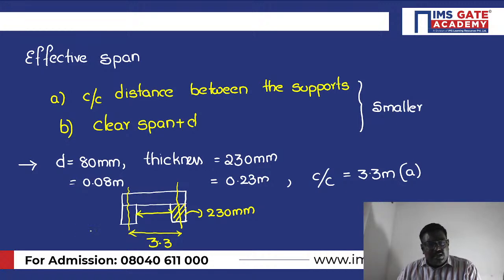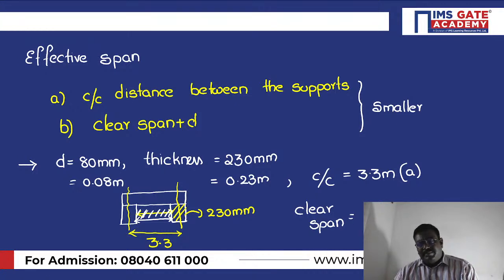Clear span is simple. You can see the diagram, my dear students. This shaded part is nothing but the clear span. So clear span can be written as 3.3 meter minus the thickness of the wall, 0.23. How can you understand this? Here you have to remove half thickness, and here you have to remove half thickness. So half plus half, you have to remove the full thickness. So clear span is equal to 3.07 meter.